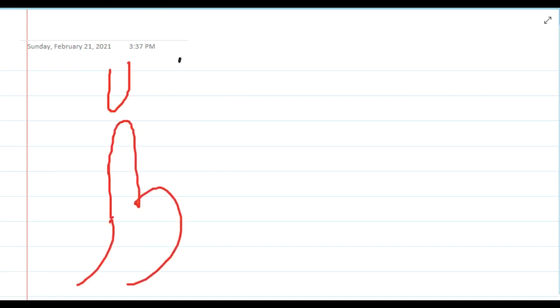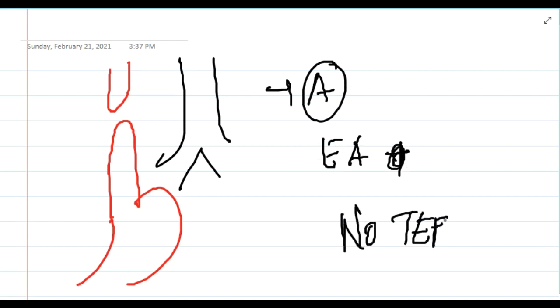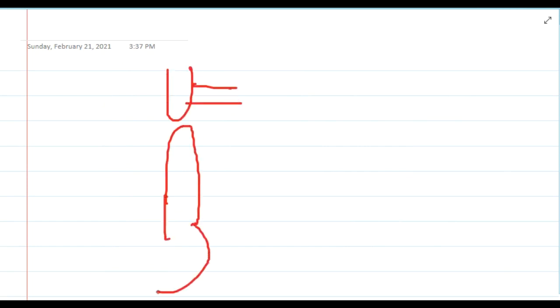The first type, if you see, this is type A, where you see esophageal atresia but without tracheoesophageal fistula. There is esophageal atresia but there is no tracheoesophageal fistula. Then in type B, we have a proximal fistula present with atresia.